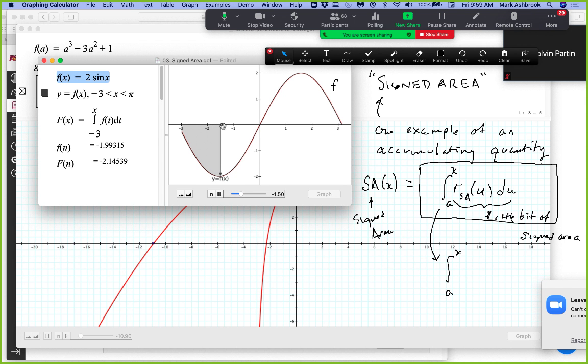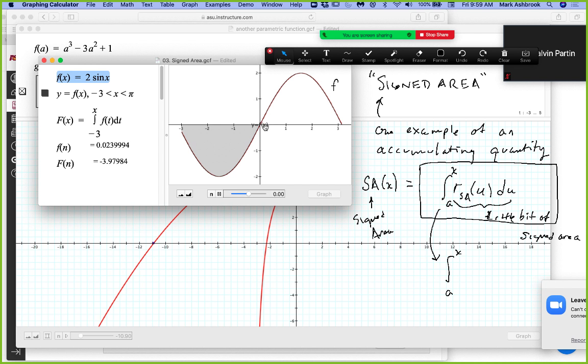For a little change in x, how much does the area change? Well, it changes by the height of that edge right there. That's where we're adding on area. We're adding on area at the right side of this, say, green region. And so how much area do we add on? We add on the amount of that edge.